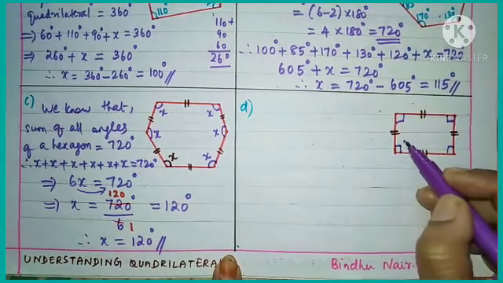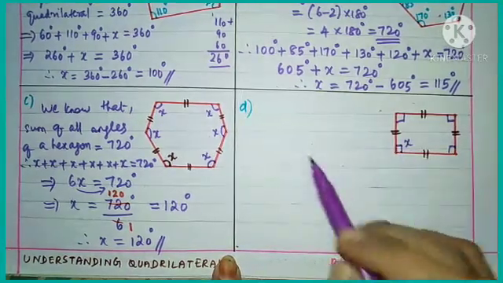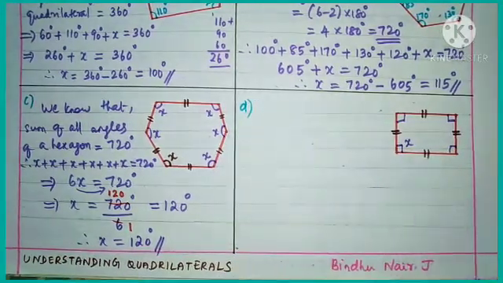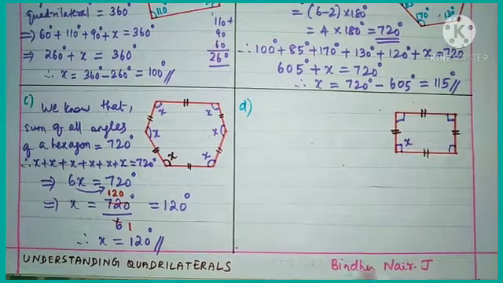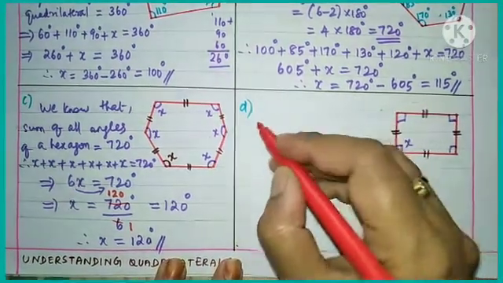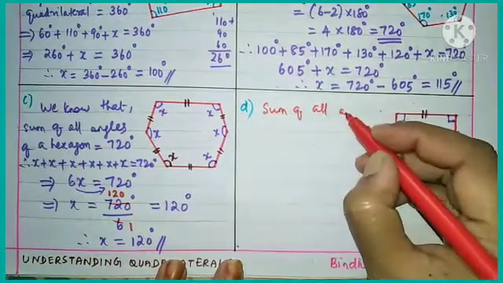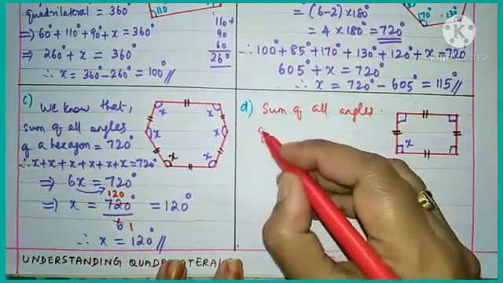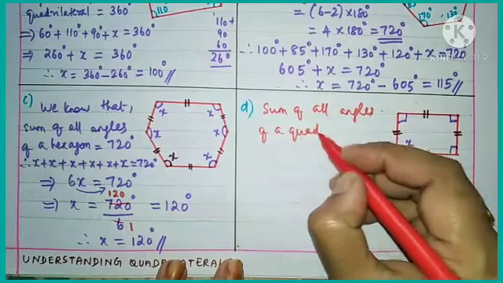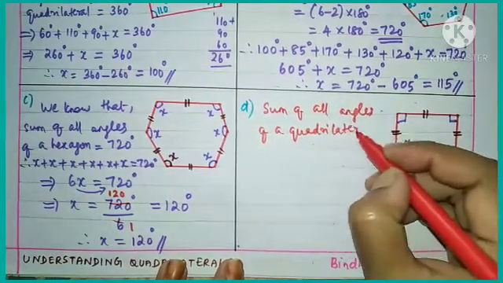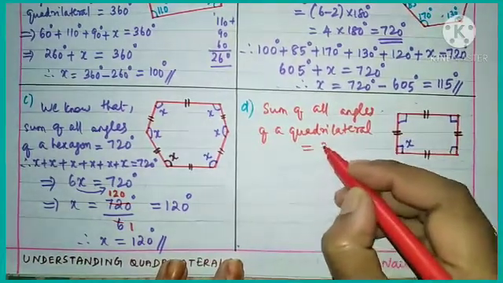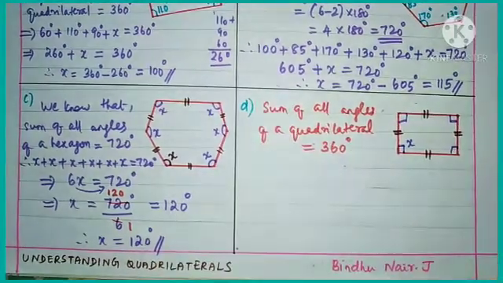Okay, but here we are using this relation to find out sum of all angles, and we can write down the sum of all angles of a quadrilateral. So here, quadrilateral, what is the total sum of angles? 360 degrees.